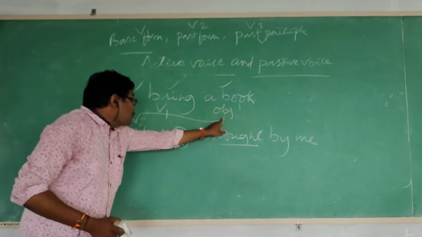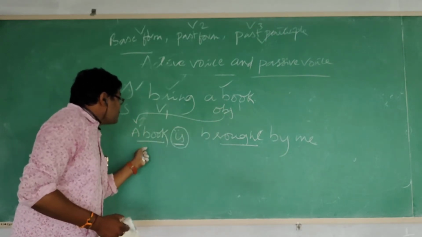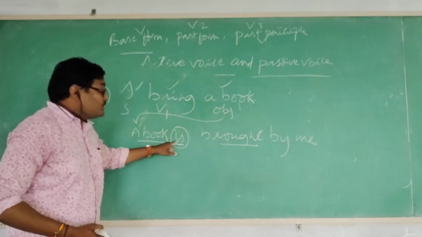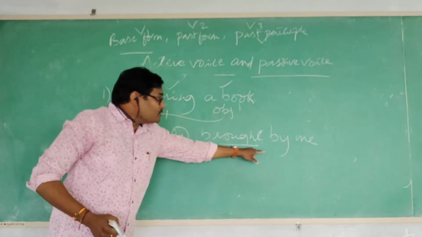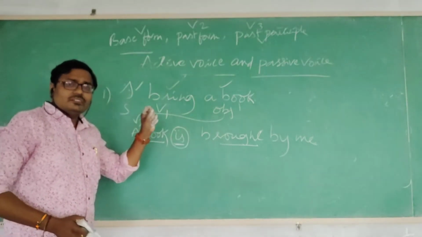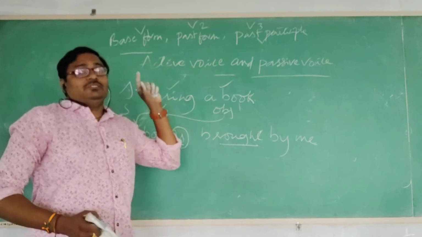An object of an active voice became subject of passive voice, and we can also see auxiliary verb and V3 and by the preposition and I became me. See, this is the way how we can convert an active voice into passive voice, right?